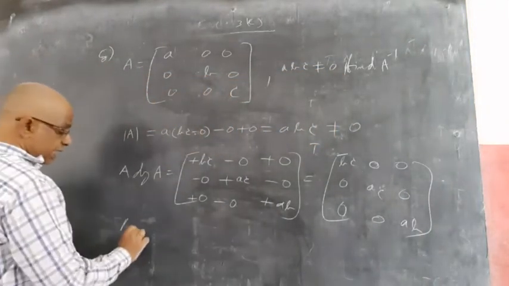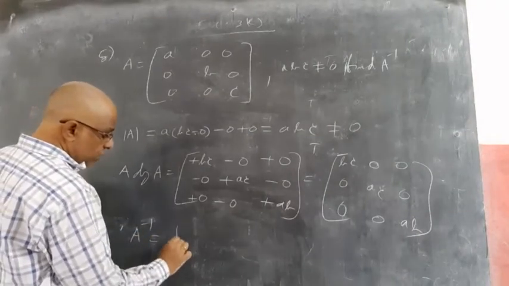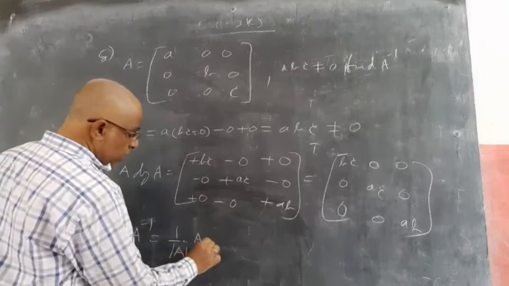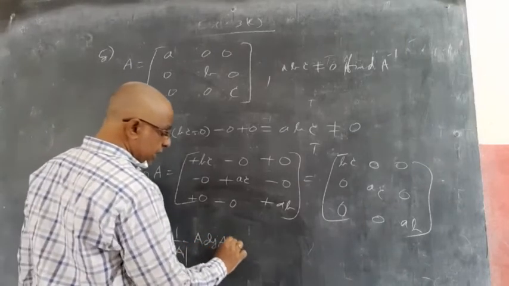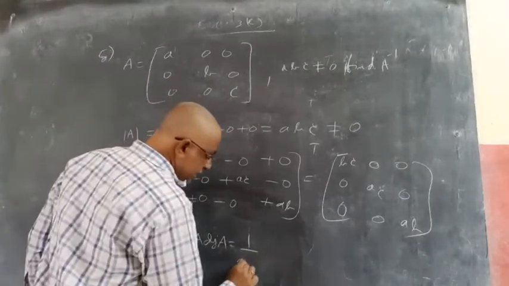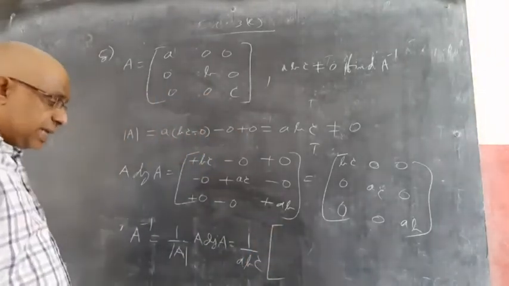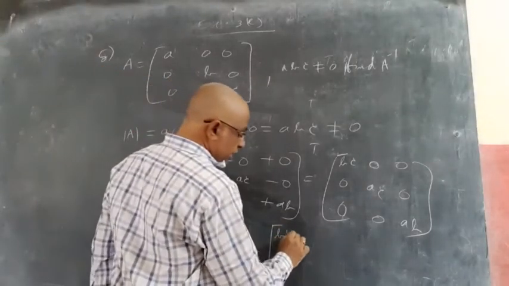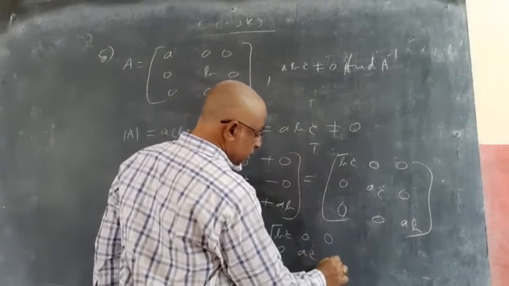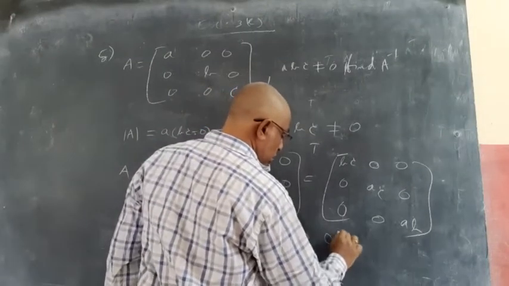Now I need A inverse. A inverse equal to 1 by det A into adjoint A. That is 1 by det A, 1 by ABC, into adjoint A, which is BC, 0, 0; 0, AC, 0; 0, 0, AB.